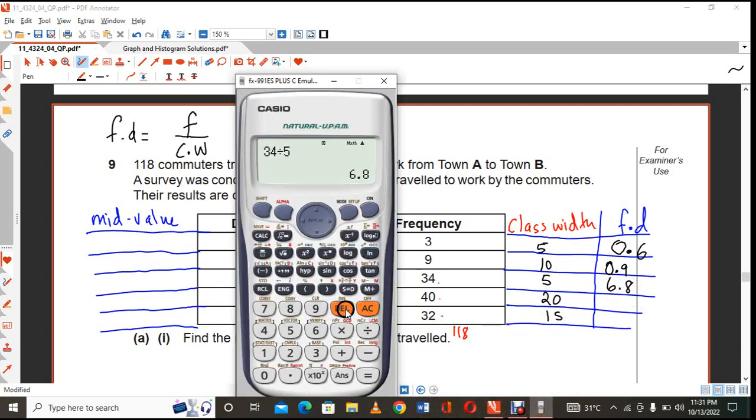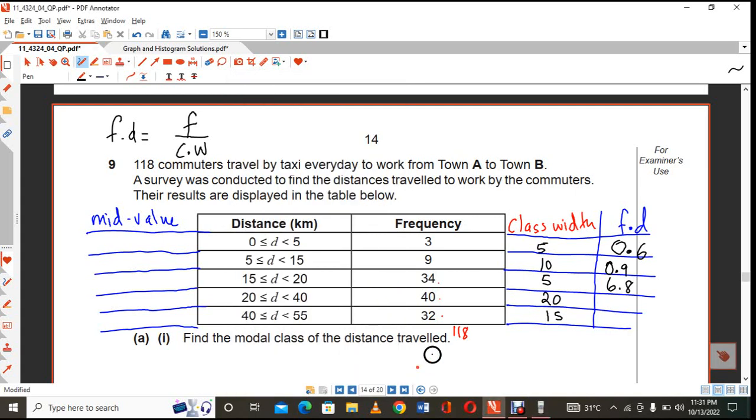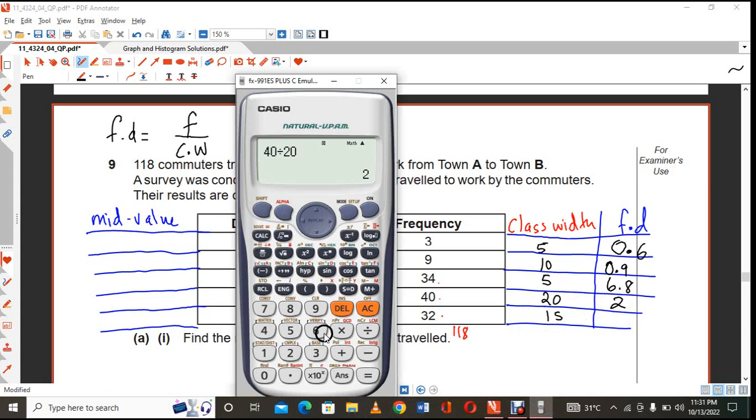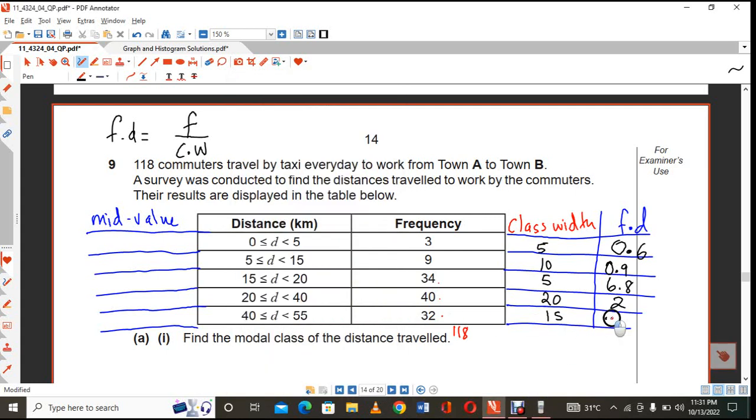The next one, the frequency is 40. Well, 40 divided by 20 is nothing but 2. And lastly, the next one is 32 divided by 15. It's about 2.13 recurring, so 2.1 more or less. Good. That's the frequency density.